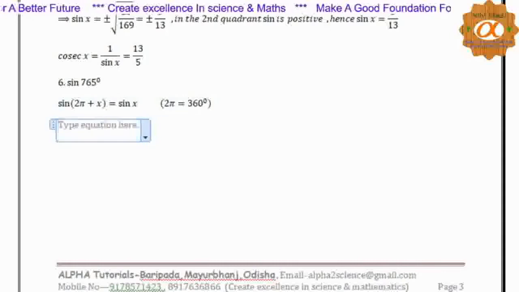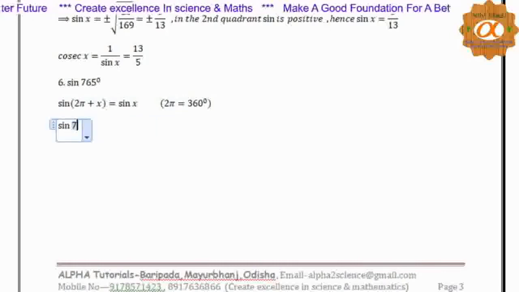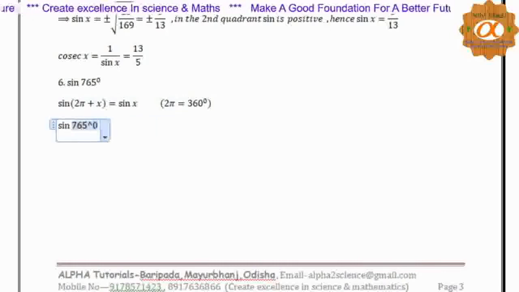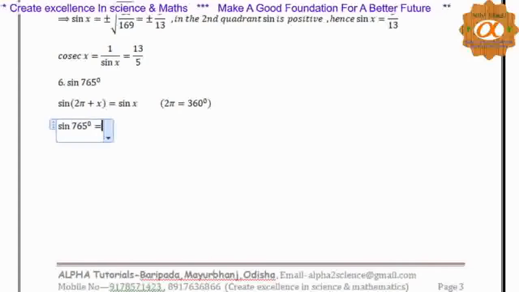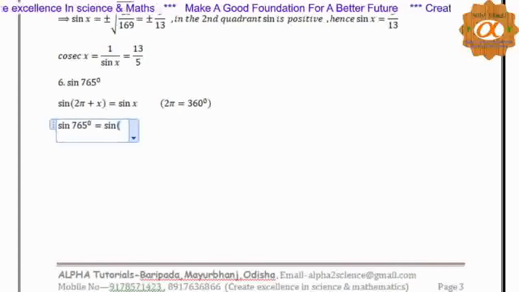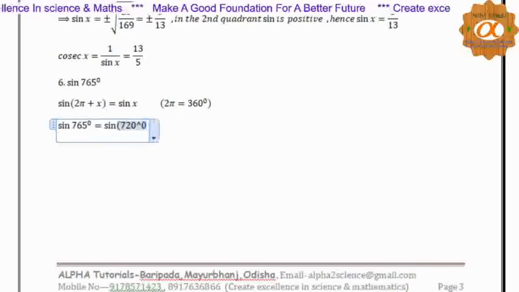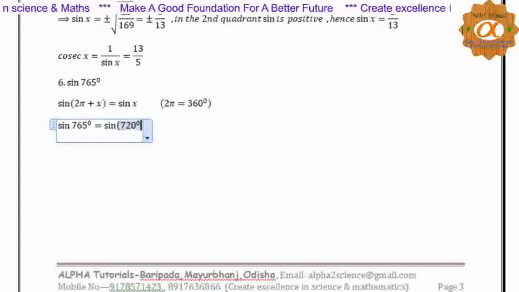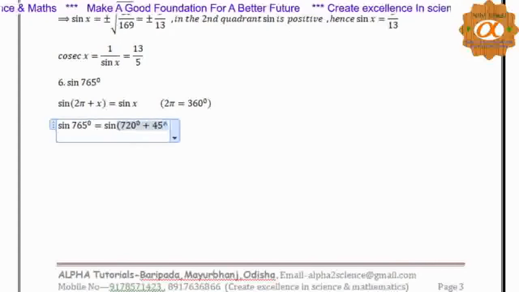Hence we can write sine 765 degree as sine 720 degree plus 45 degree.